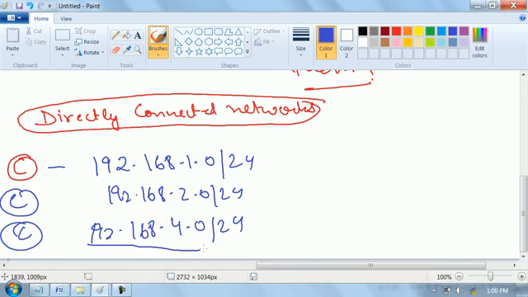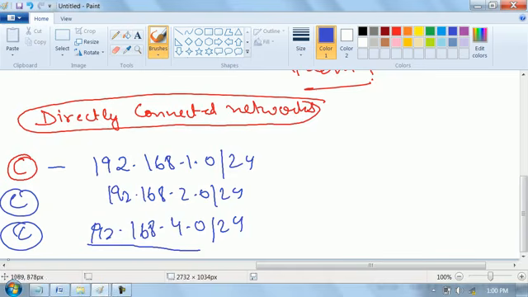I will match it and I will get to know that I know about the destination network. Destination network is 4.0/24. It means now I have to send the packet to Amrit. How will I get to know that Amrit is connected to that interface?